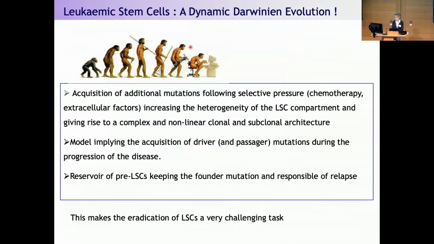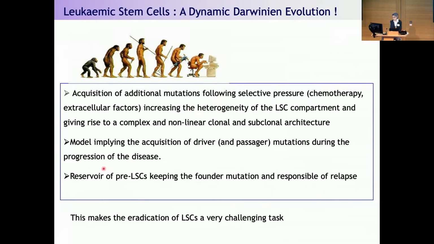That's what we call Darwinian evolution, as the acquisition of mutations is always under selective pressure by either chemotherapy or extracellular factors like infection, which increases the heterogeneity of this compartment, making it a very complex, nonlinear clonal structure.